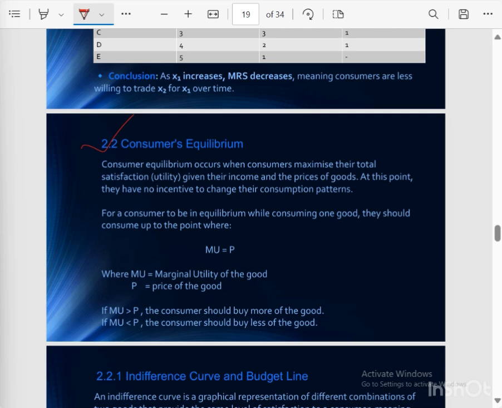This occurs when the consumer allocates their income in such a way that the marginal utility per unit spent is equal for all goods. So here is the definition, and we can simply say that when marginal utility is equal to price, it's called consumers' equilibrium.